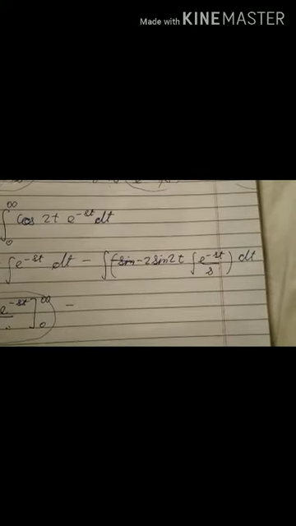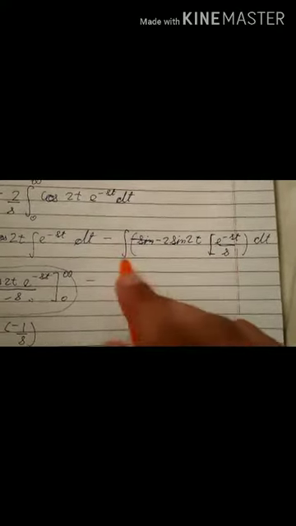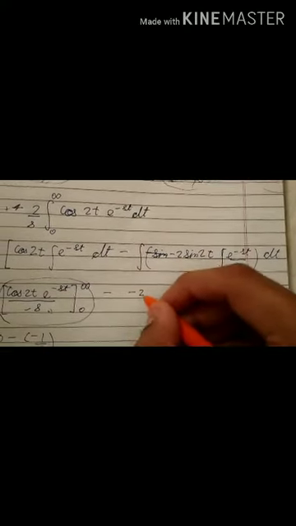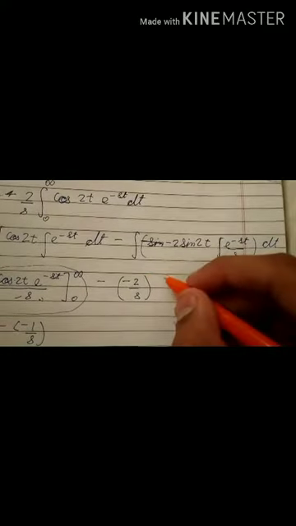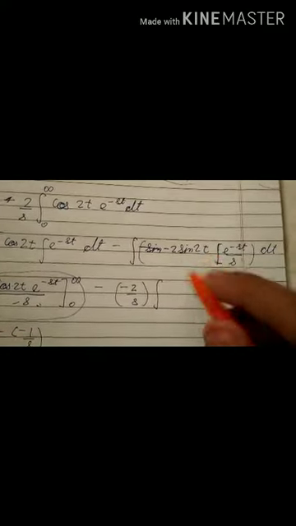This will be our next term: minus the integral of minus sin 2t. Let's take minus 2 and s common from this whole term. This will be minus 2 by s and the integral of sin 2t e to the power minus st dt.